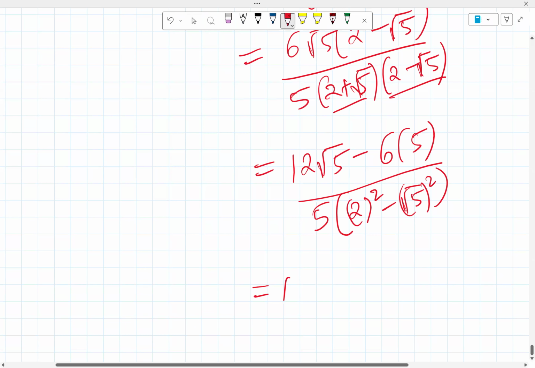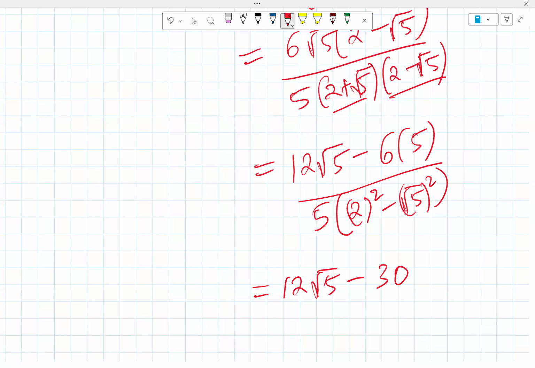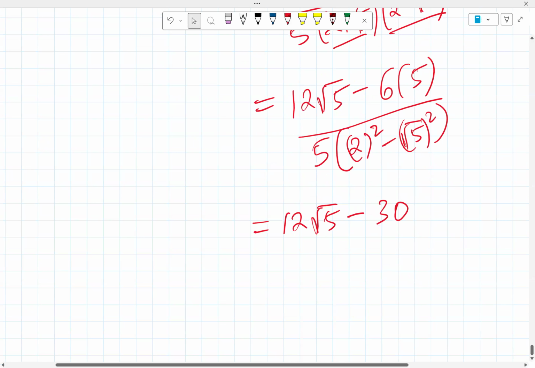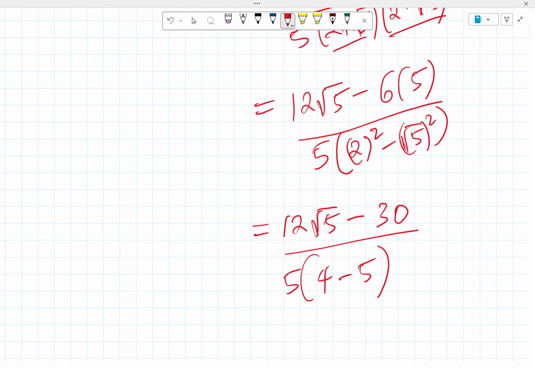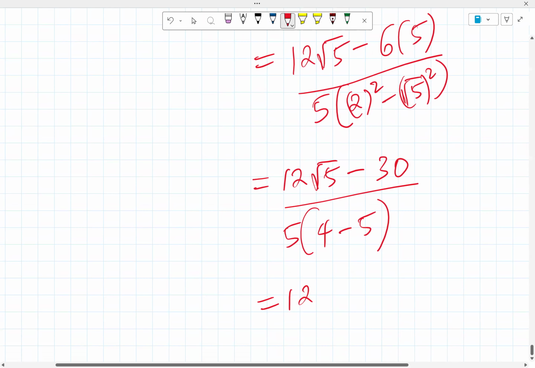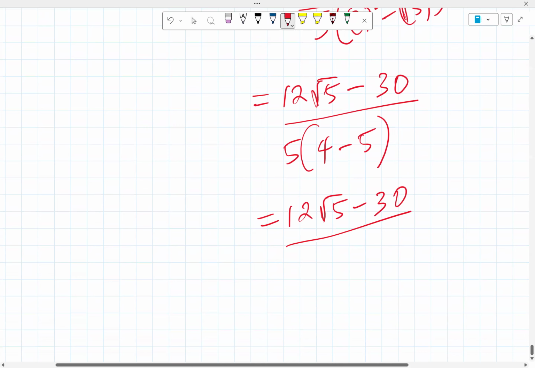So we then have 12 root 5 minus 6 times 5 is 30 all over 5 into 2 squared is 4 minus root 5 squared is 5. So we have 12 root 5 minus 30 all over 5 into 4 minus 5, that's minus 1.